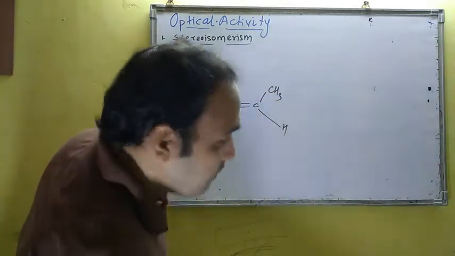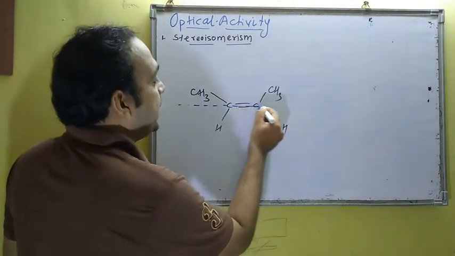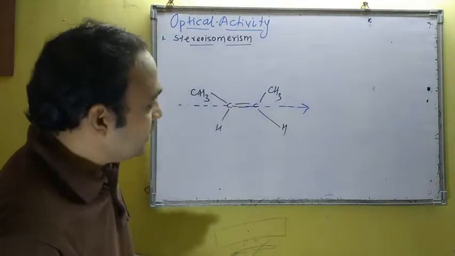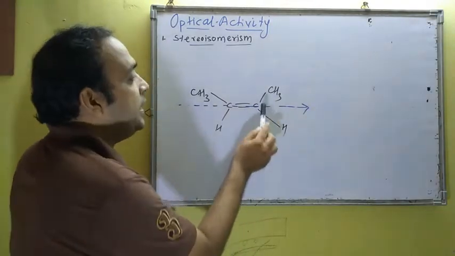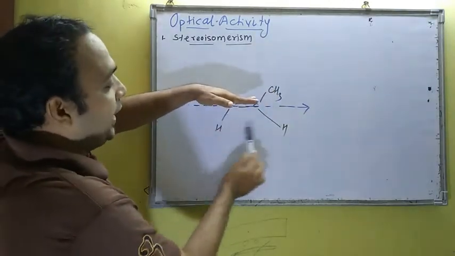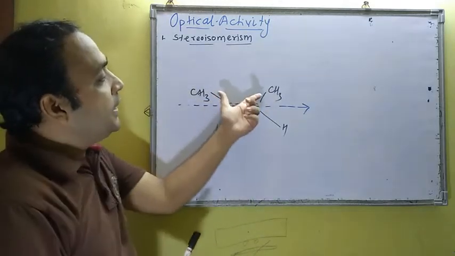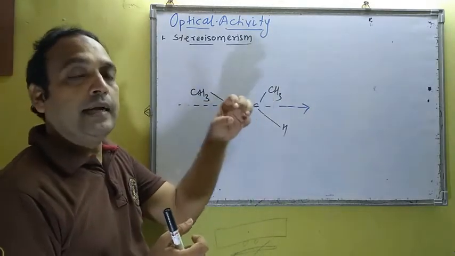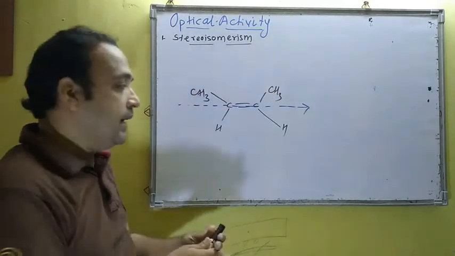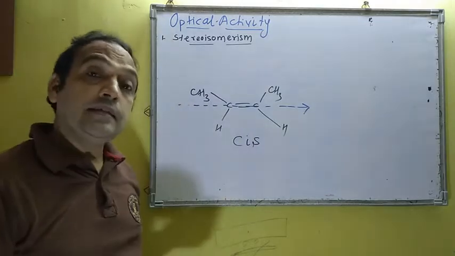Suppose this one is my horizontal plane. With respect to this plane, two methyl groups are above and two hydrogen atoms are below. When the same atoms or groups are on the same side, it is called a cis isomer.